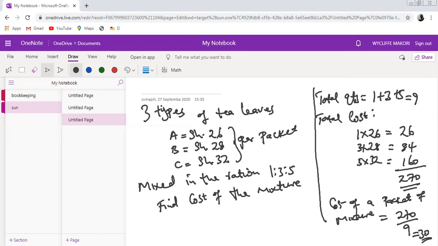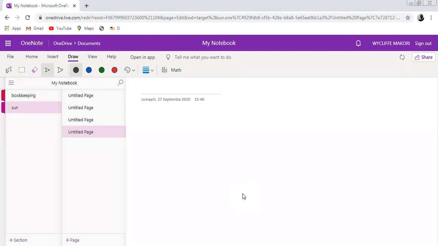Let us see another illustration. We are told to find the cost of 6 kg of mixture of maize and millet if 5 kg of maize flour costing 75 is mixed with 3 kg of millet flour costing 120. Let me give a summary of that question. We are mixing maize flour and millet flour.